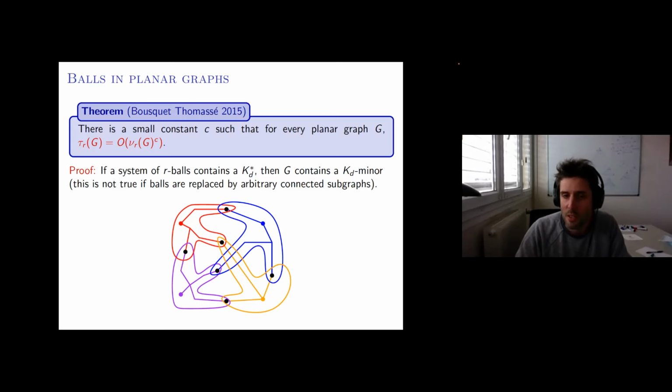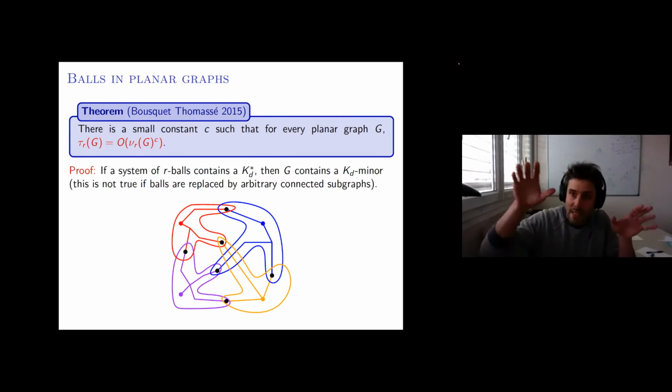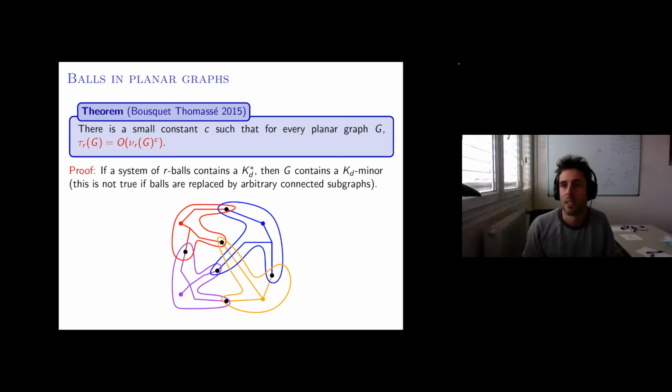Actually the result here is a bit more general than that, and it will be useful later. If you take any system of balls like this, and every pair of intersecting balls has a private vertex that is only contained in these two balls, then the intersection graph of the balls appears as a minor in your original graph. You don't need that this is a clique or something like this.